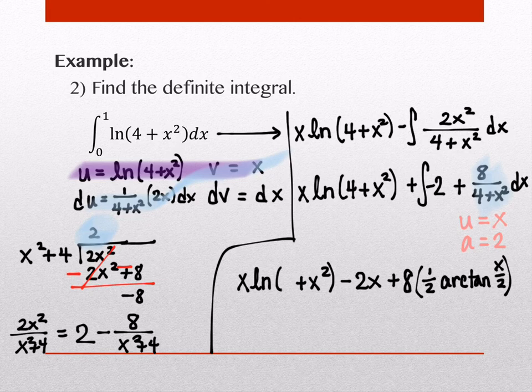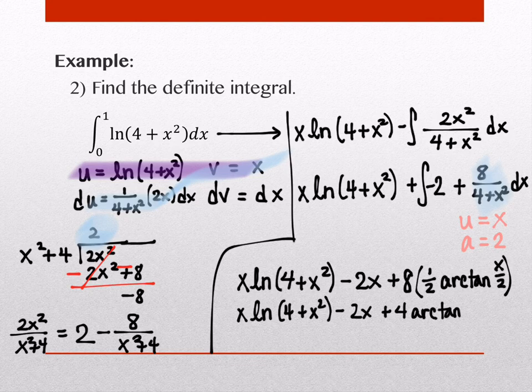We don't have any more integral symbols, right? What happened to my 4? On the right side, they all have x's, so your last one's going to be minus 0. All right, so x natural log of 4 plus x squared minus 2x plus 4 arctangent of x over 2. And we're going to evaluate that at 1 and at 0.